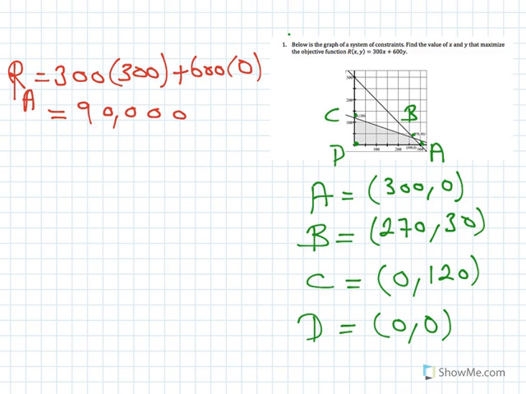Alright, so let's move on to the next one. I want to find R at B. Of course, R at D is obviously 0, so I can say RD is 0 without solving, because x and y are 0.